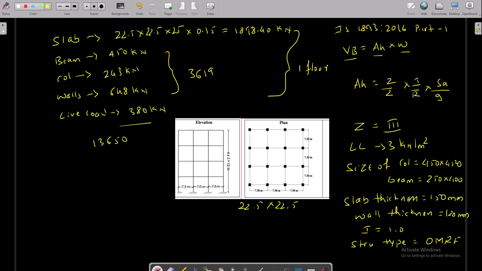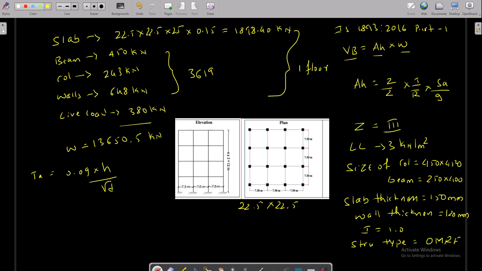So out of this, if I calculate the total seismic weight of the structure, it is 13650.5 kilonewtons. So this is the total seismic weight of the structure. Now if I want to calculate the time period, it is 0.09 h divided by root d.